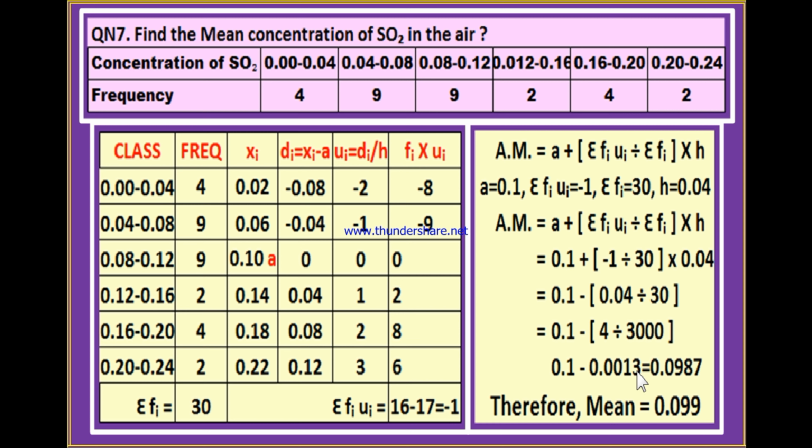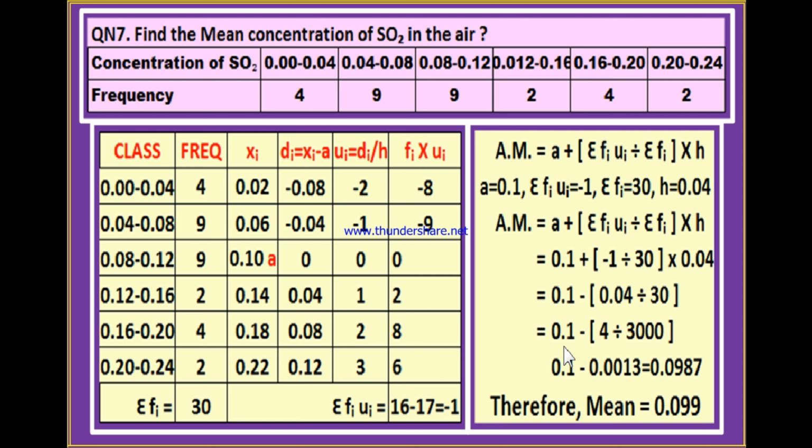You will get 1.3. 1.3 divided by 1000 means 0.0013. Therefore, the simplified value of 4 divided by 3000 is 0.0013.